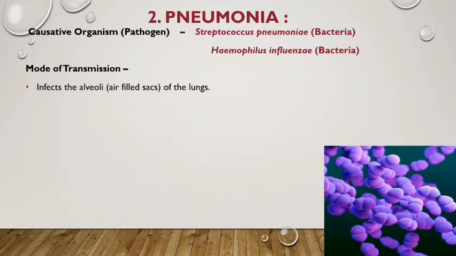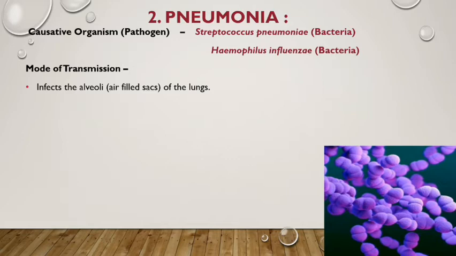This Streptococcus pneumoniae infects the alveoli of the lungs. I hope that you remember the term alveoli. Alveoli are small units of the lungs. Our lungs have small air bags, and these small air bags are known as alveoli.